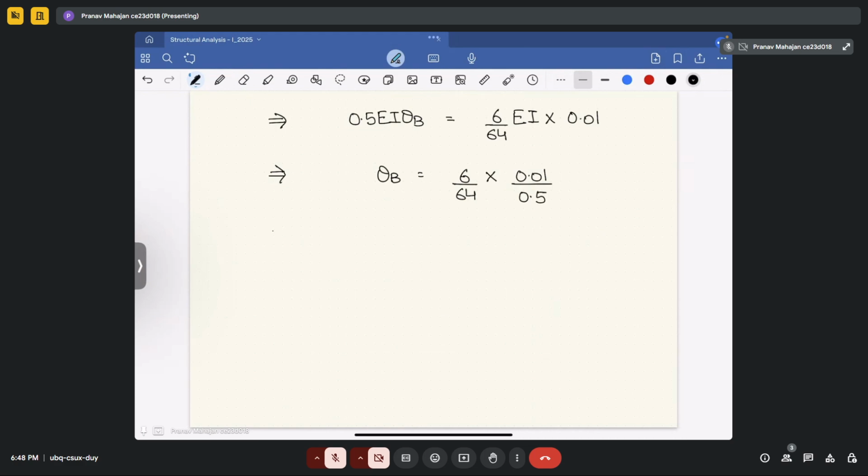Okay. If you solve it, what you will get? You will get theta B equal to 1.875 into 10 to the power of minus 3, and it is radians. Okay, so this is how we will solve for this and get the value of theta B.